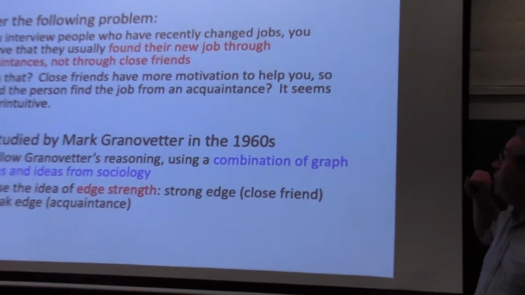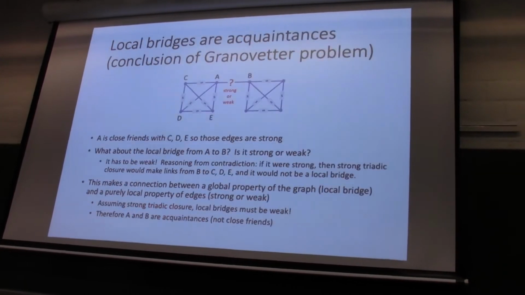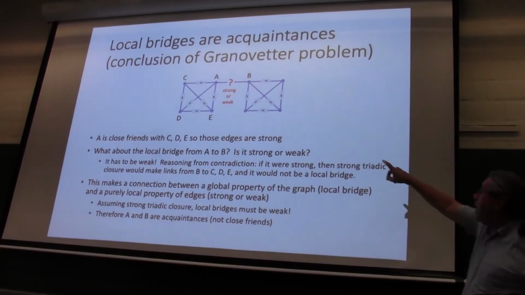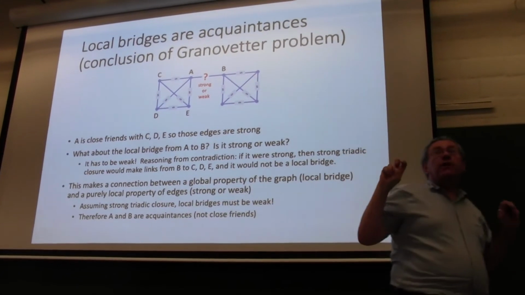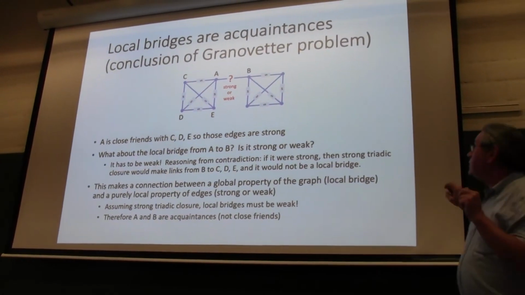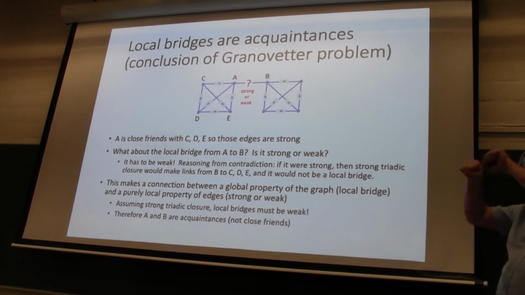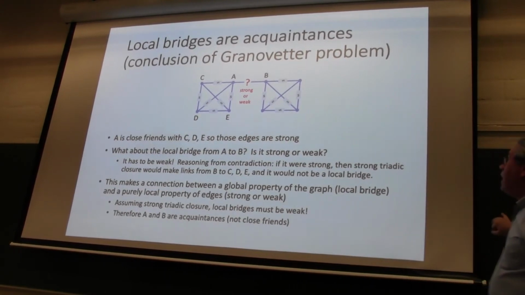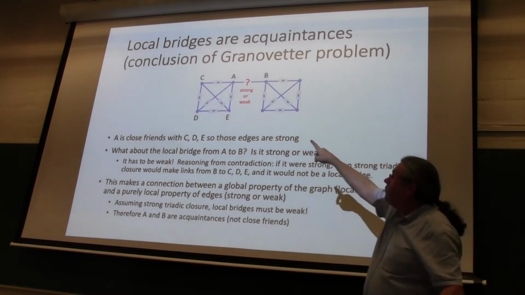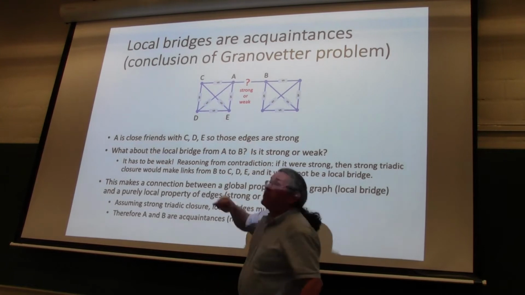So the first thing I want to do, this is what we saw last week, was Granovetter. The funny thing is that Granovetter found that if A and B are connected by a local bridge, it means that they don't have any friends in common. If you remove that link, it separates everything. And that means A has extra information, but the link in between is going to be weak.